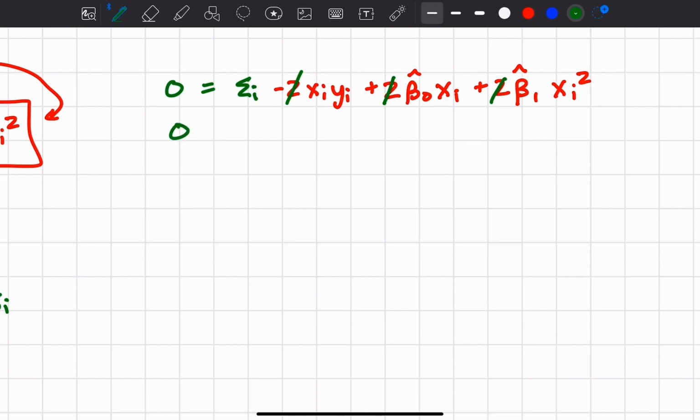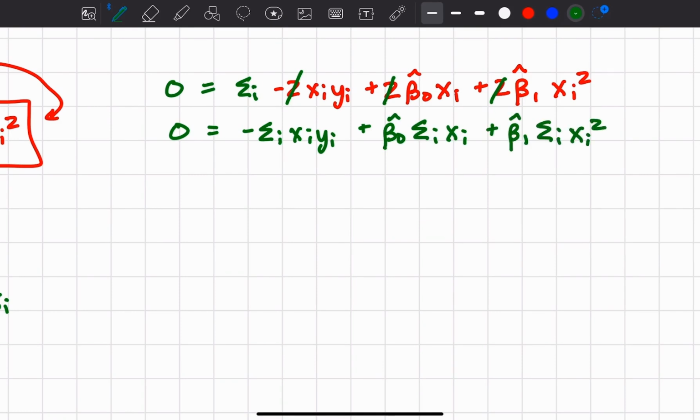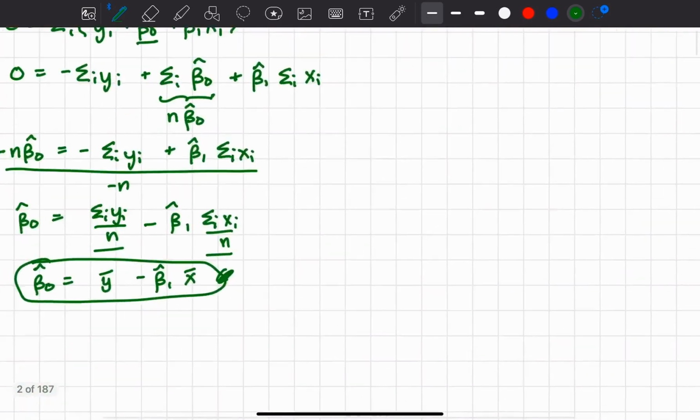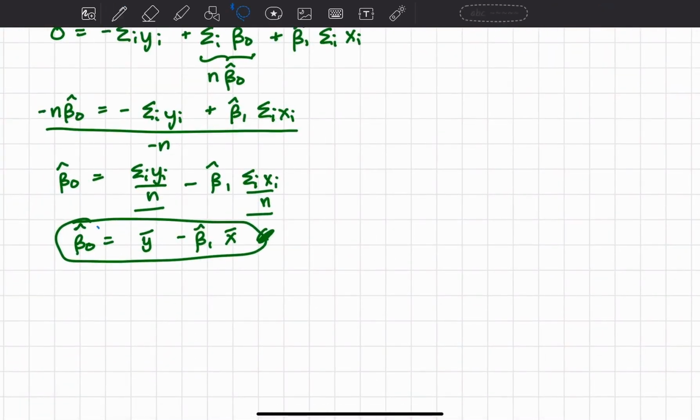Now we'll have 0 is the negative sum xi yi plus beta naught hat sum xi plus beta 1 hat sum xi squared. I think it's probably a good time to bring in this formula for beta naught hat.